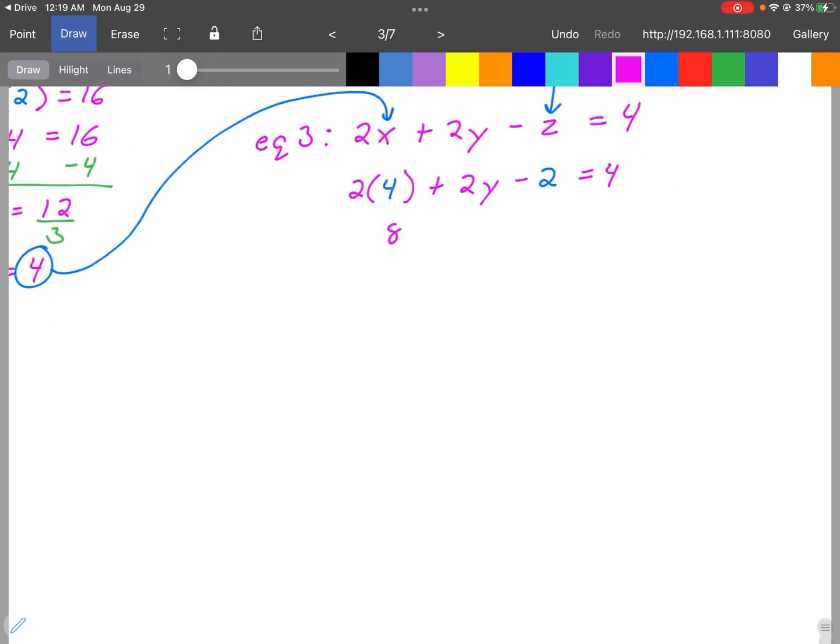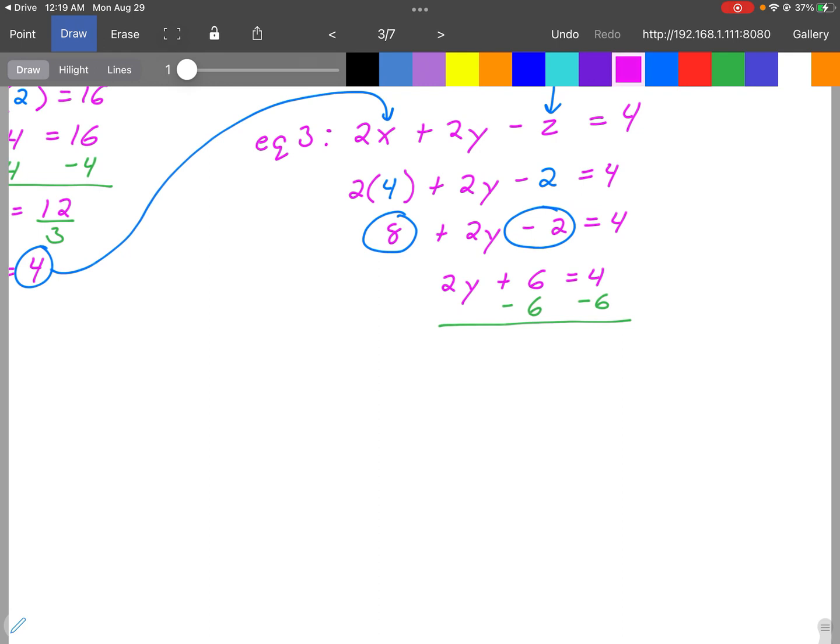So now let's simplify this and figure out what y is. 2 times 4 is 8 plus 2y, and then that's just minus 2 equals 4. Then I can take my positive 8 minus 2, leaving my 2y, and 8 minus 2 is positive 6, and that equals 4.